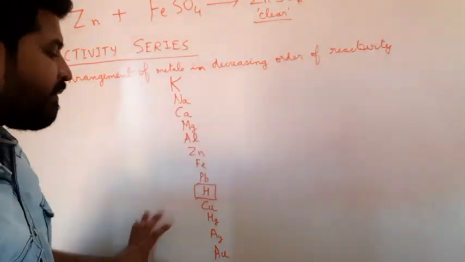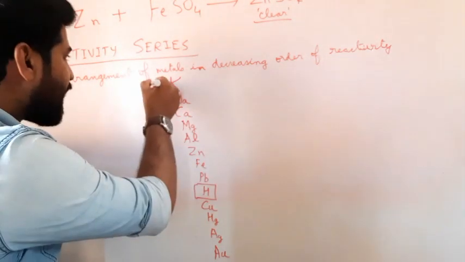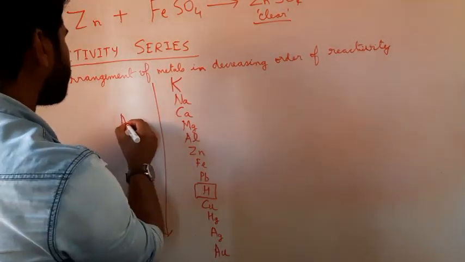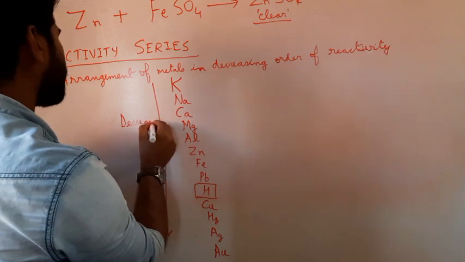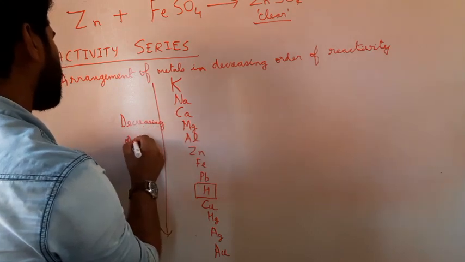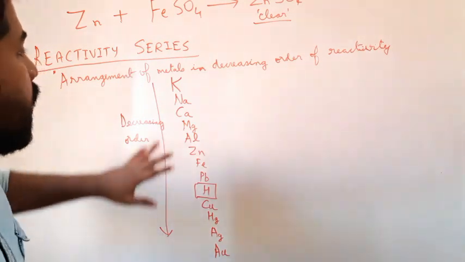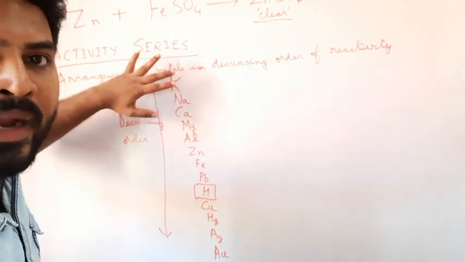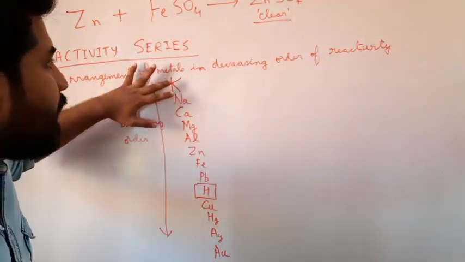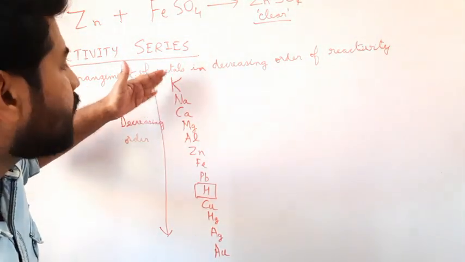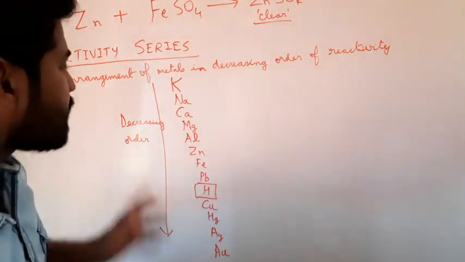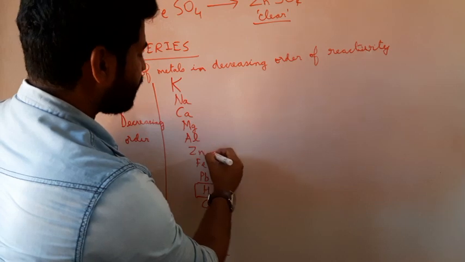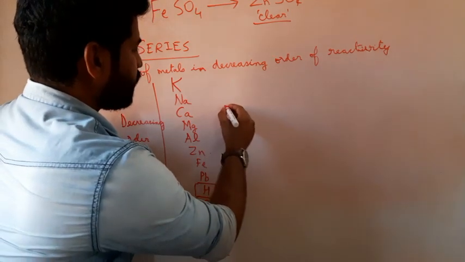So from this reactivity series, what we understand is this is the decreasing order of reactivity. The metal that is at the top is a highly reactive metal and it is able to displace the metal below it. For example, say aluminium and zinc.